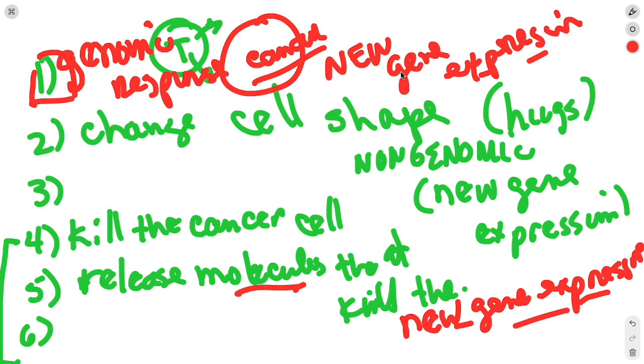Would the WASP activation be steps 4 through 6? The WASP is actually up here, in step 2. It's activated as part of this non-genomic response to say, let's hurry up and change the shape and really hug this cancer cell, and that will further activate the T cell.